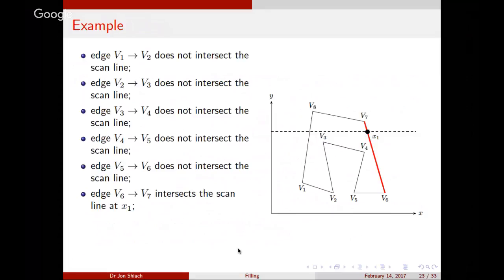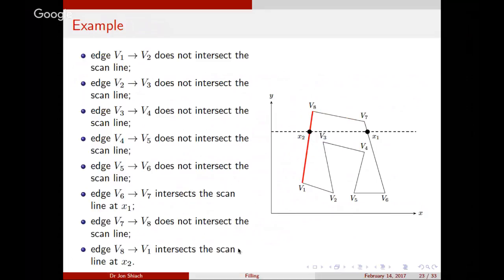So I check all of these edges to see whether they intersect with my scan line. The first one it does is V6 to V7, so I calculate what that x coordinate is. I call it x1. 7 to 8 doesn't. 8 back to 1 does, and I calculate the x coordinate of that intersection point. So I've got 2 scan extremer, x1 and x2.